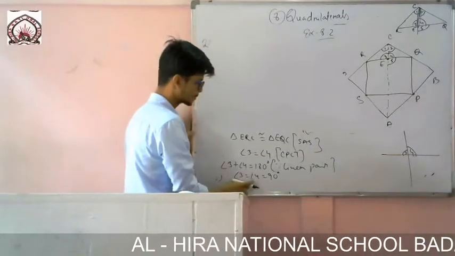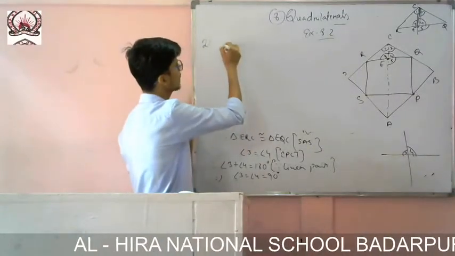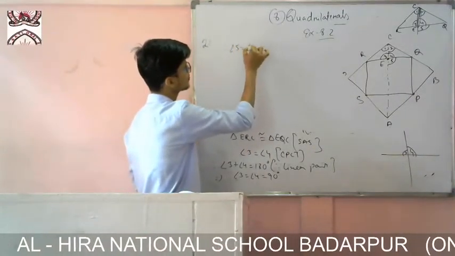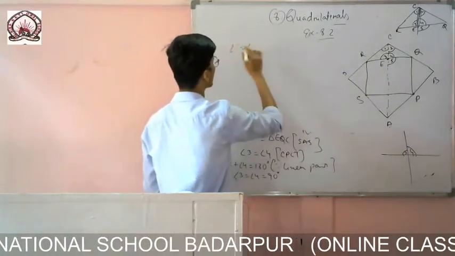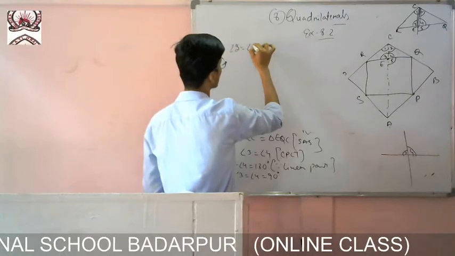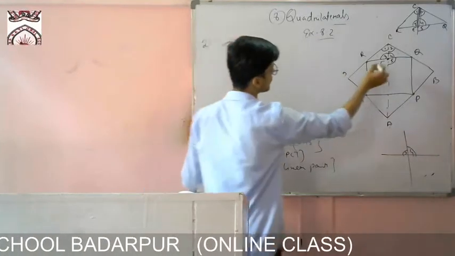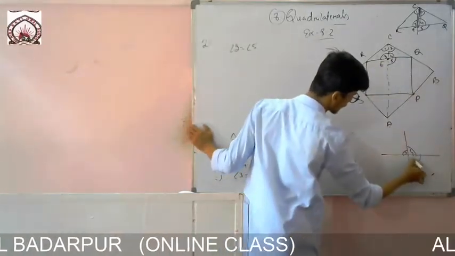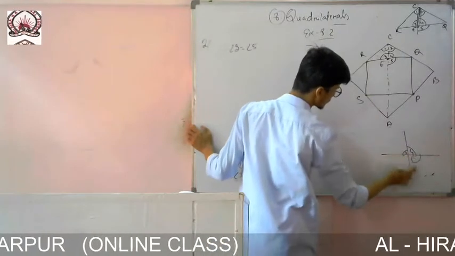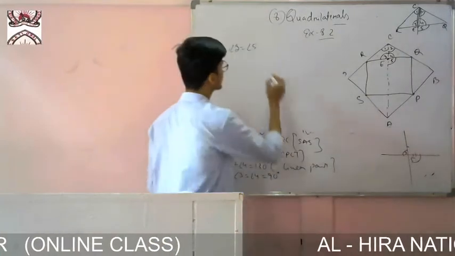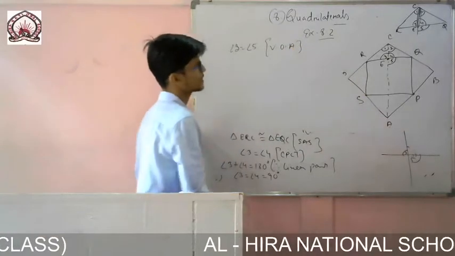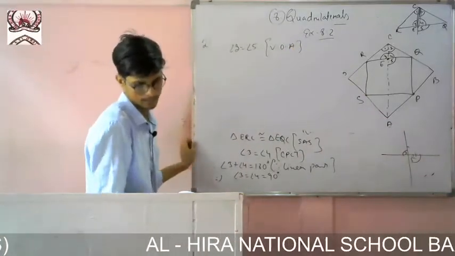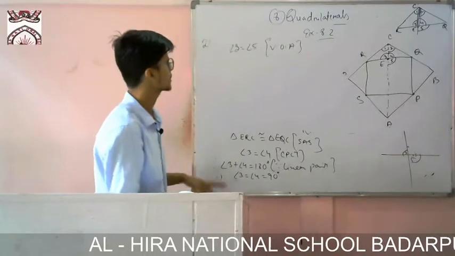Okay, so up to this much it is okay. After that I can write angle 3 will be equal to angle 5, because these two are vertically opposite angles. This angle and this angle are vertically opposite angles.